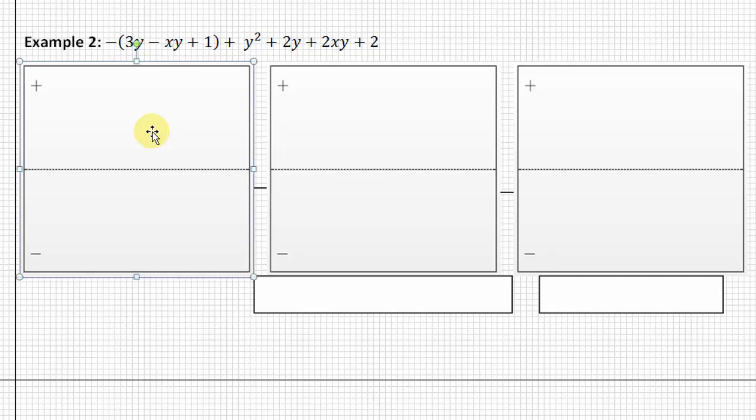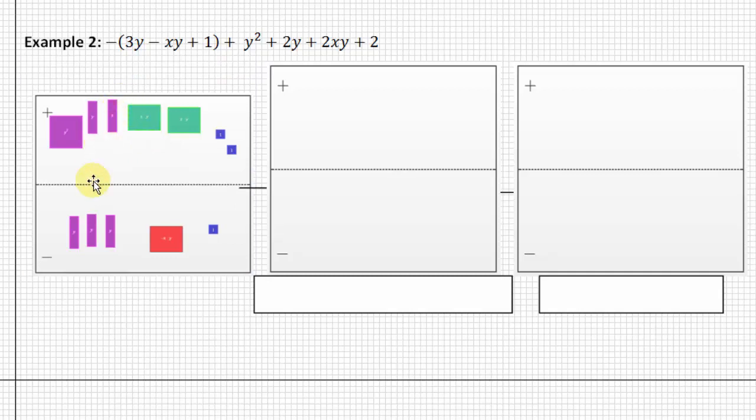Let's see how you did. So in this negative or opposite of region, we should have 3 y tiles, a negative xy tile, and 1 positive unit tile. And then up above we have a y squared tile, we have 2 positive y tiles, 2 positive xy tiles, and 2 unit tiles.